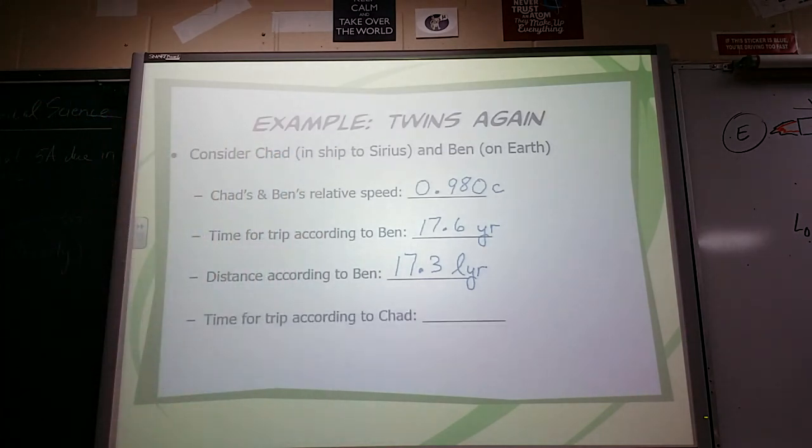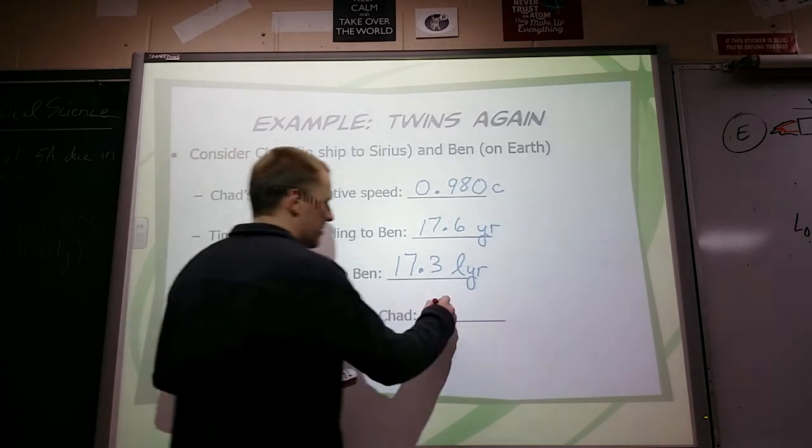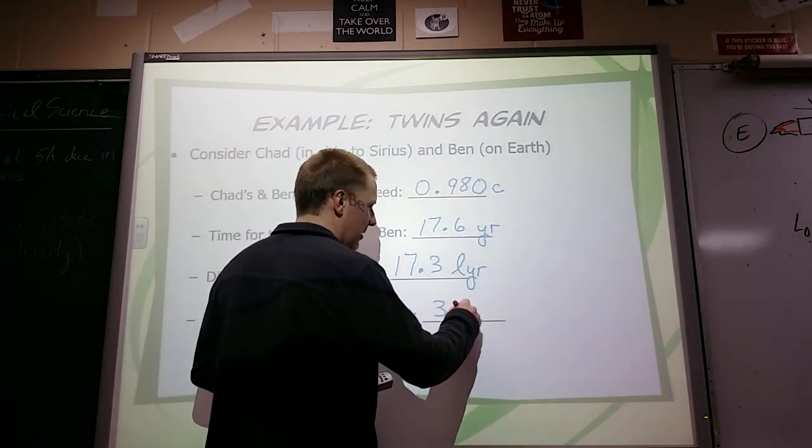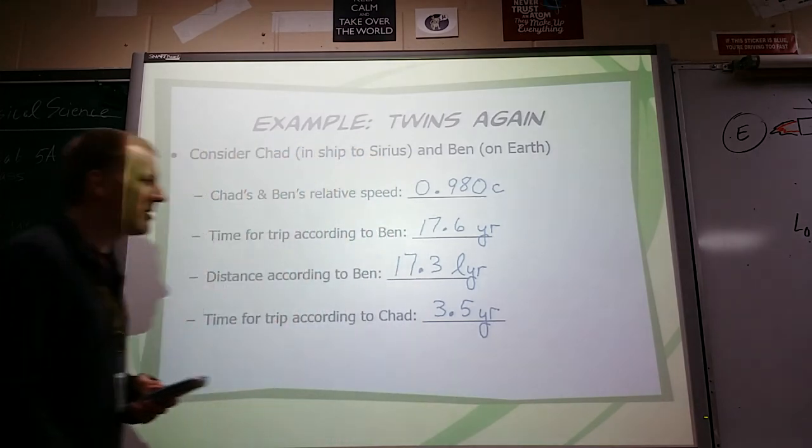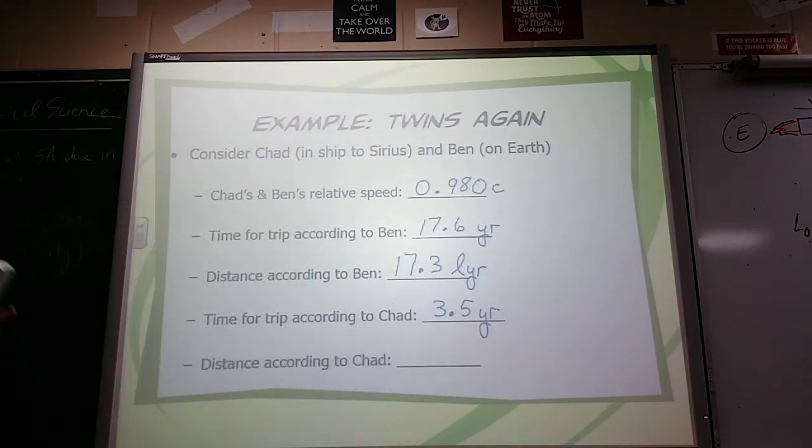Now, how long did Chad measure the trip to take? 3.5 years. And of course, my next question will be, let's figure out the distance that Chad said that it was. We can do that a couple of different ways, right?